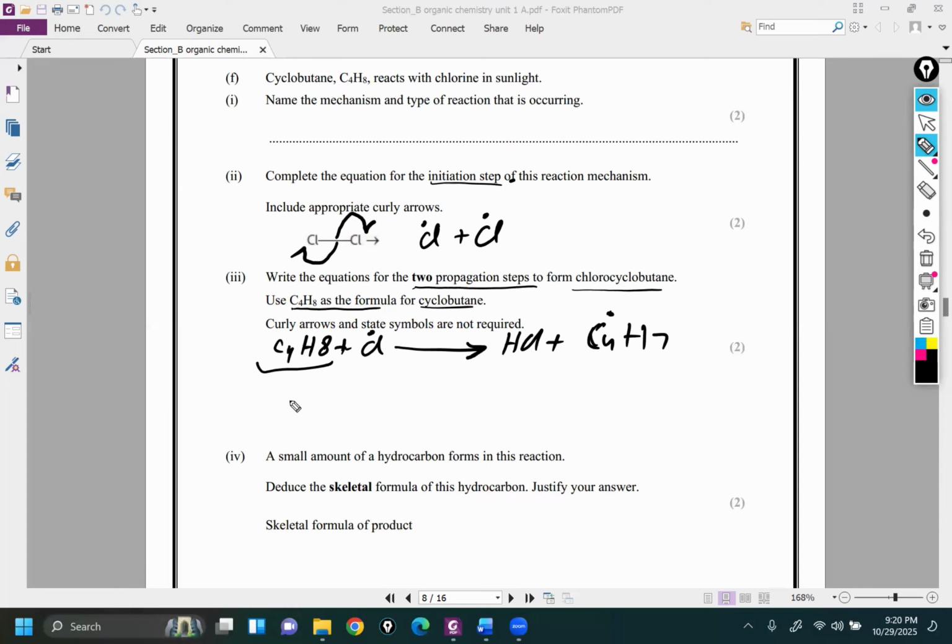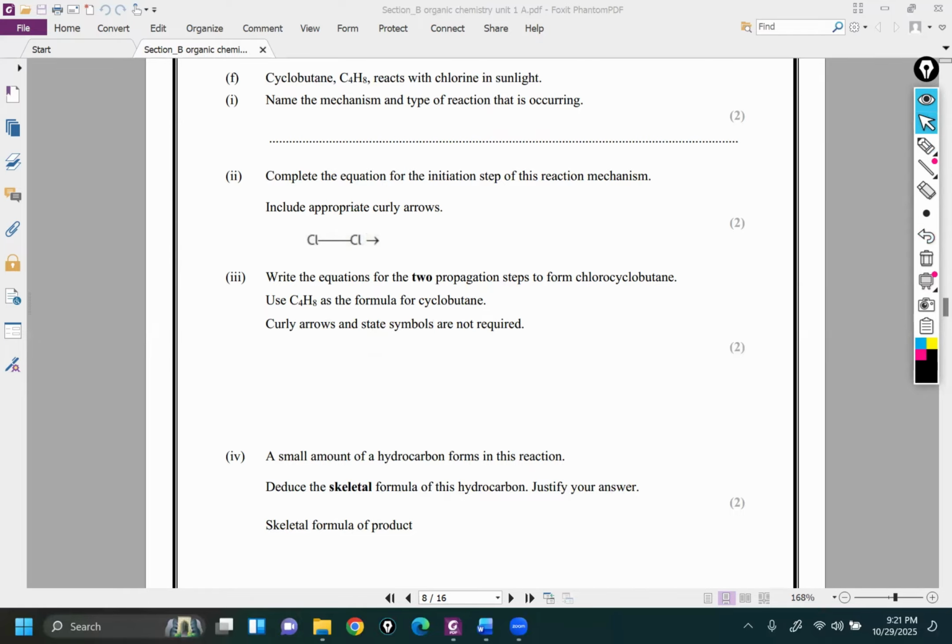This C4H7 free radical, now more reactive, will react with molecular chlorine. It will snatch one chlorine from this reactant, and we will get C4H7Cl plus another free radical. These are the two equations of the propagation.